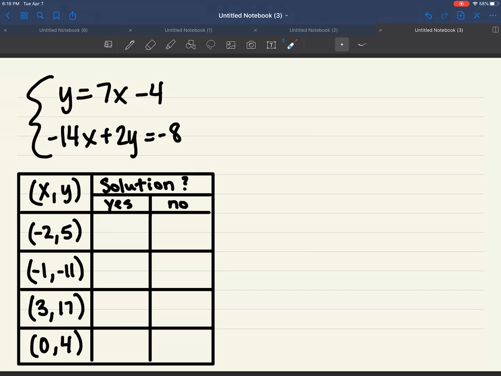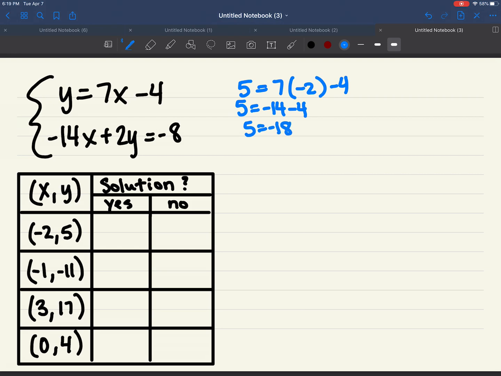How you do this is you plug in the values for x and y into each equation. Let's start with the first one. I'm going to plug in negative 2 for x, positive 5 for y. So y is 5, and 7 times the x value from the ordered pair, negative 2, minus 4. 7 times negative 2 is negative 14.